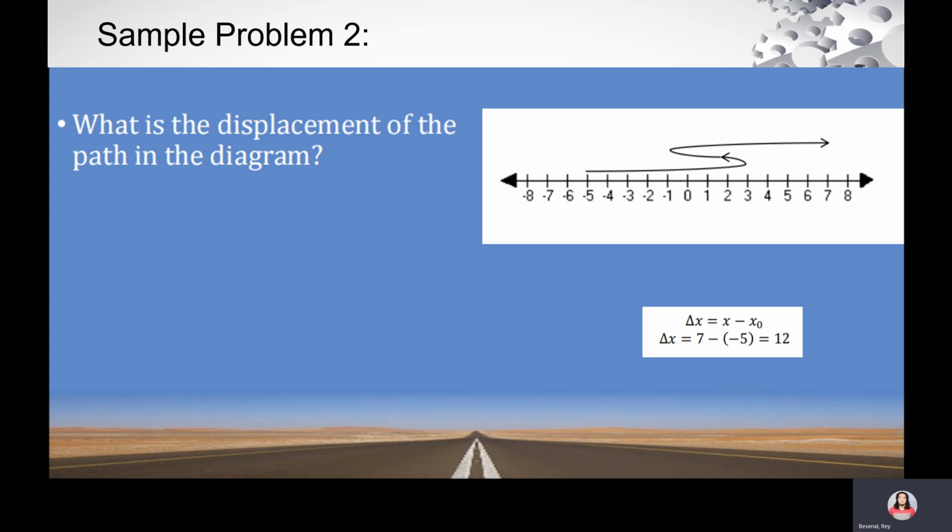So, ipasok natin siya sa delta x equals x final minus x initial. So, meron tayong final natin is 7 minus, ito, negative 5. Okay, 7 minus negative 5. So, ito na siya. Meron tayong displacement na 12. Okay, so next.